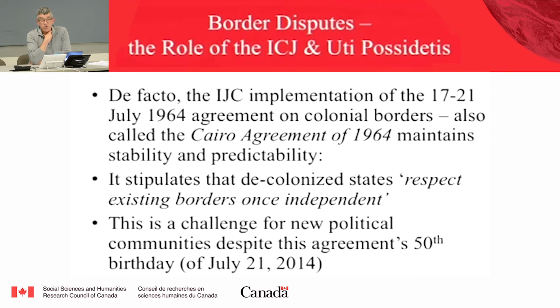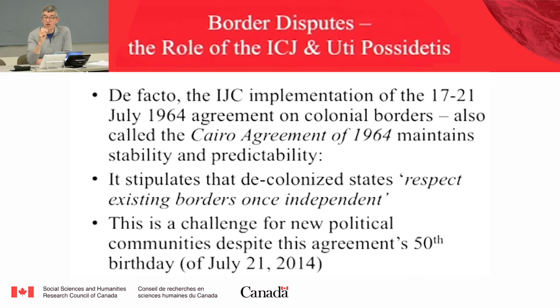The International Court also implements, de facto, the Cairo Agreement of 1964, and I say de facto because when you use pre-existing treaties, for instance, in the case of Africa, the Cairo Agreement has an article which says that decolonized states have to respect existing borders once independent.